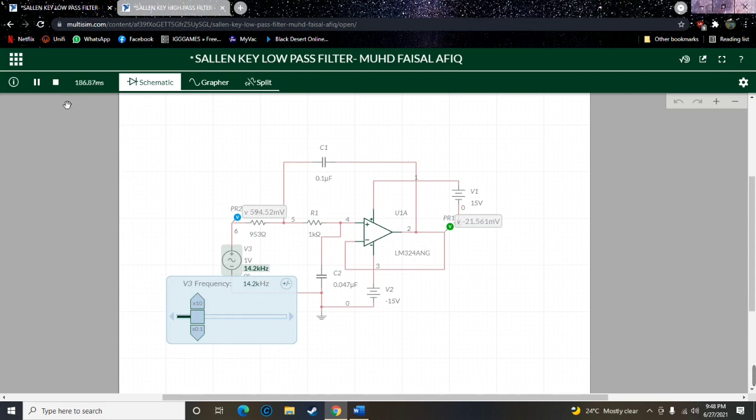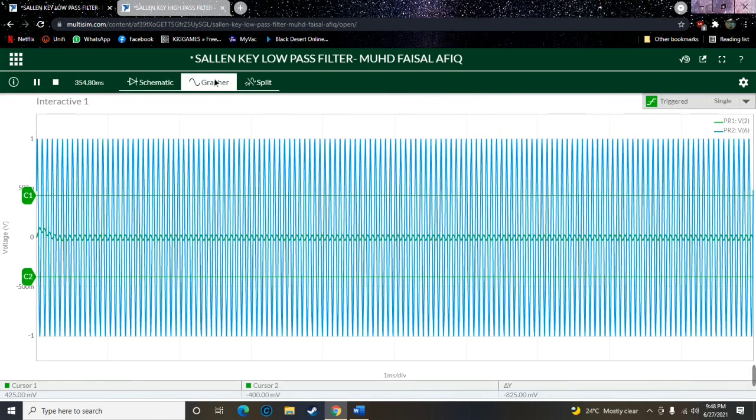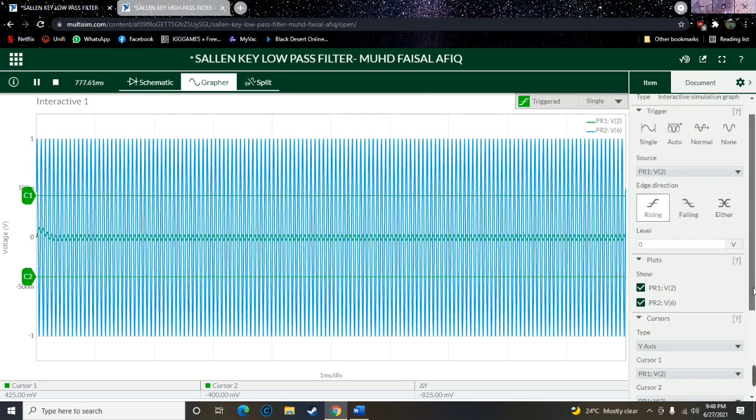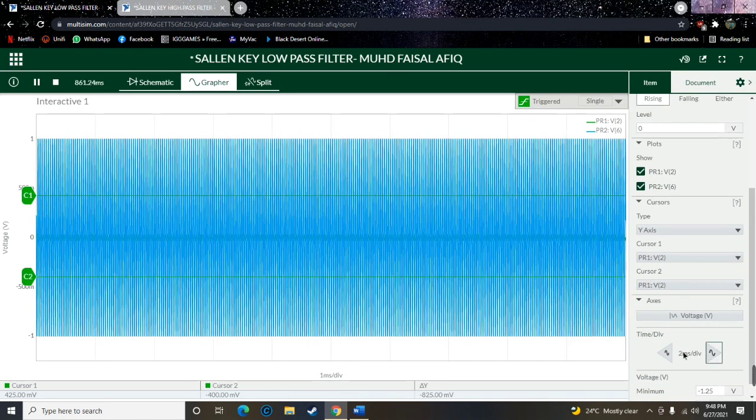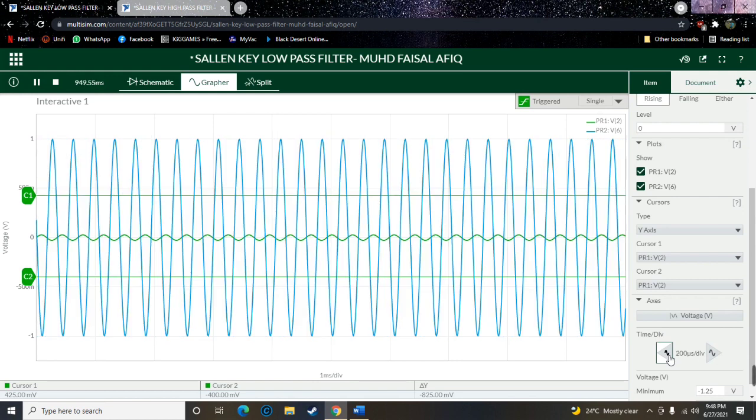As you can see, the voltage out is less than the voltage in, which means that the voltage gain is less than 1.